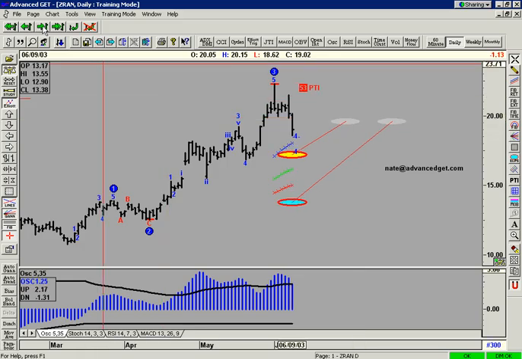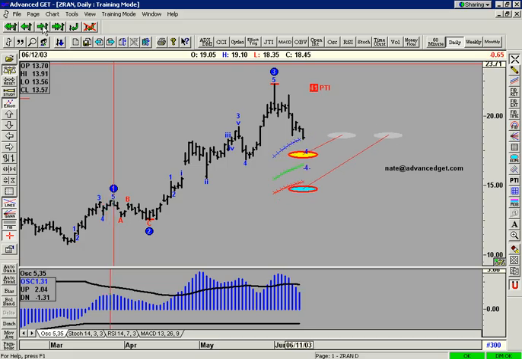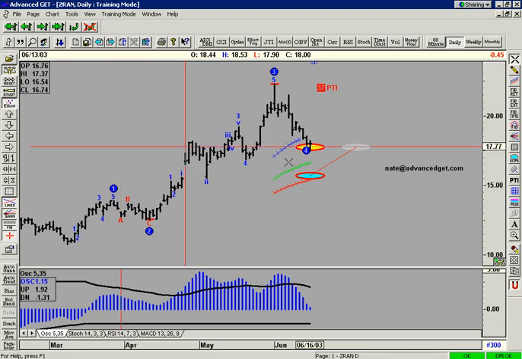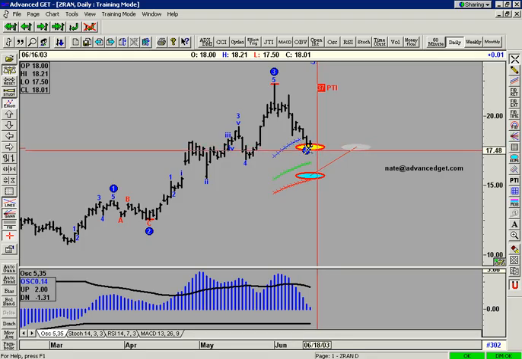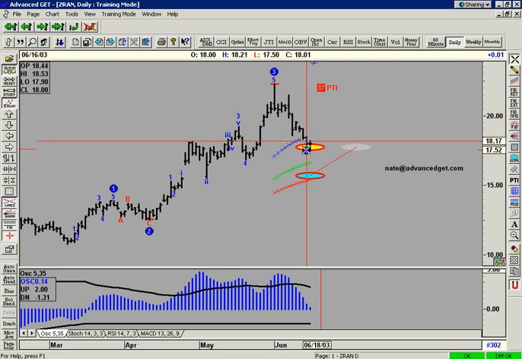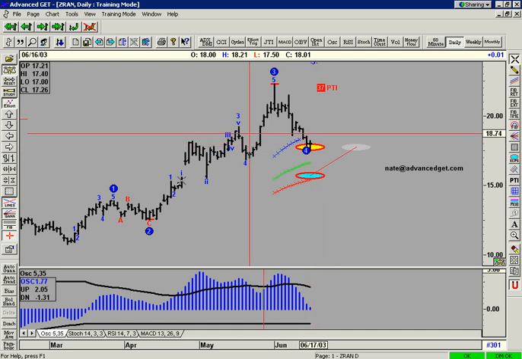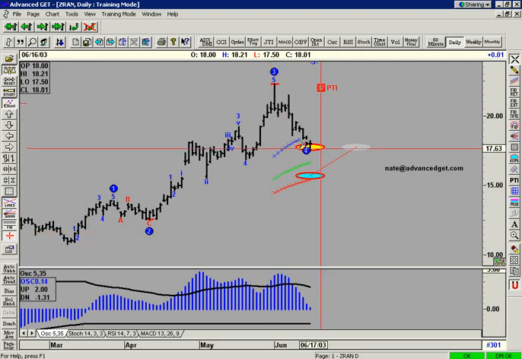So as I go ahead and start adding bars, you notice the ellipse and the shadow moving closer to each other. Until finally, right here, it happened on June 16th, the shadow of the ellipse disappeared, and we're left with just the body, signifying that this ellipse is confirmed. And if the short-term ellipse is what's going to hold, we expect the current trend, this overall upward trend, to continue at this point after this retracement.